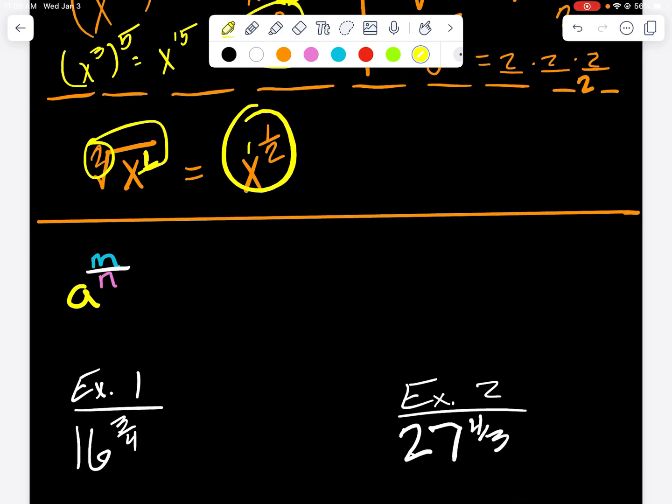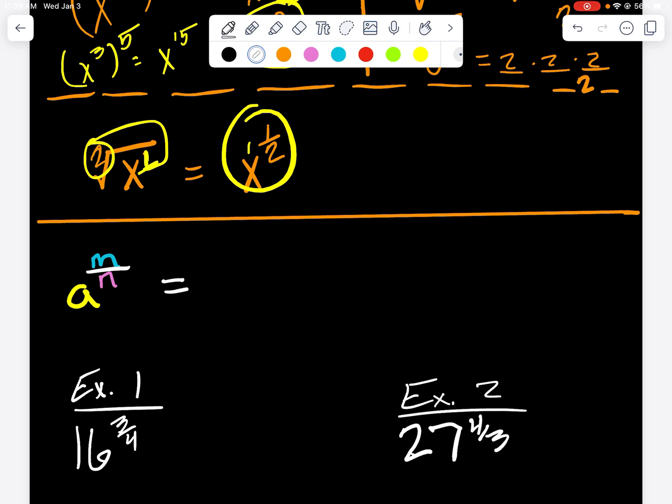Now, if you're taking notes, this is absolutely what I would write down right here. A to the m over n. And we're going to look at a couple different ways that we can write this, or any exponent that looks like this.